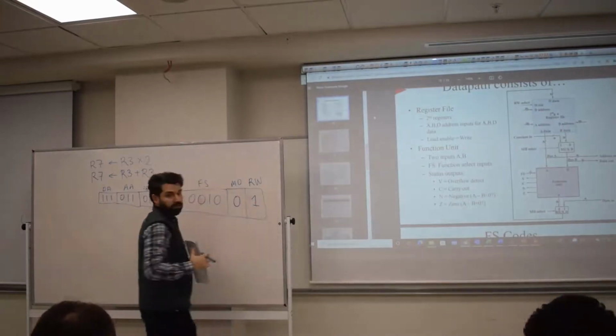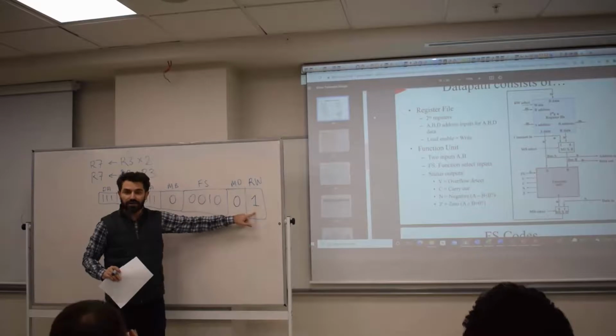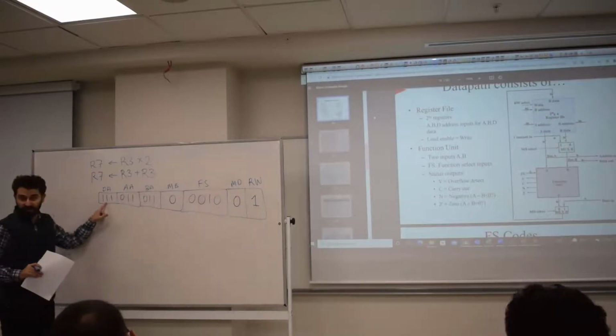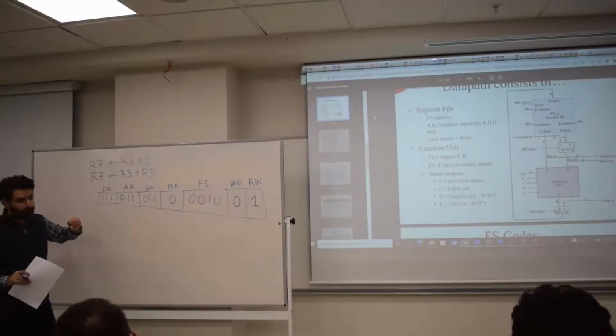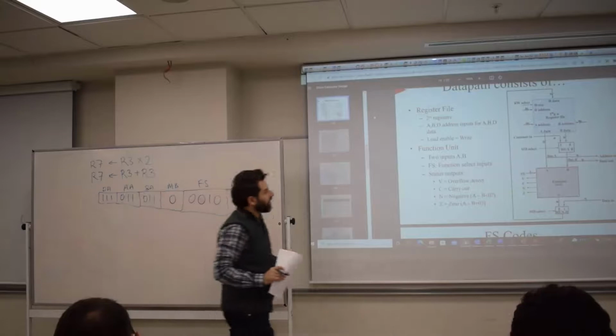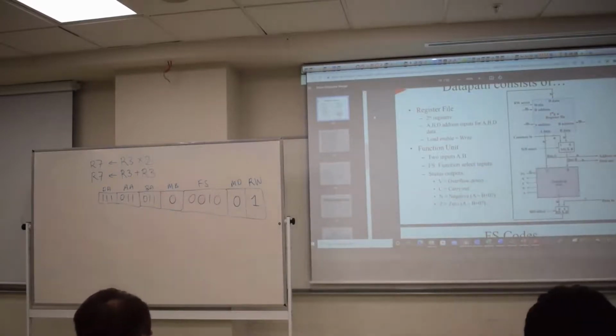So I put 1 to enable write. So you enable write here, and then you send the address to the register file, so the register file can write exactly in that location. 111. Okay, that's your destination address, right? And this one. Destination address.